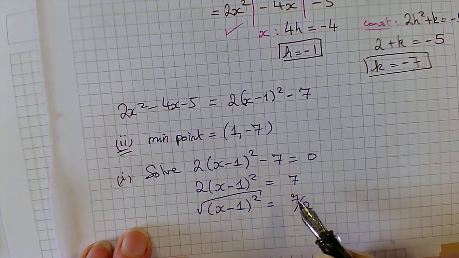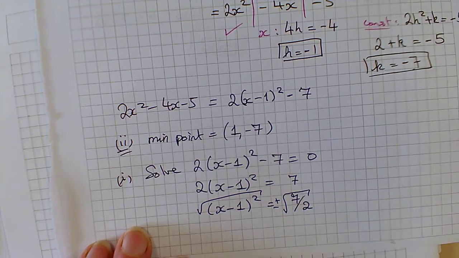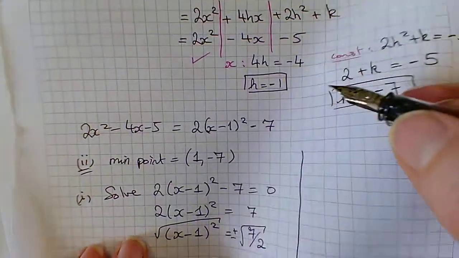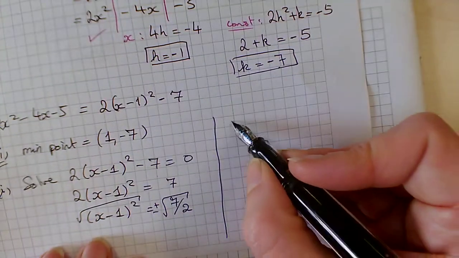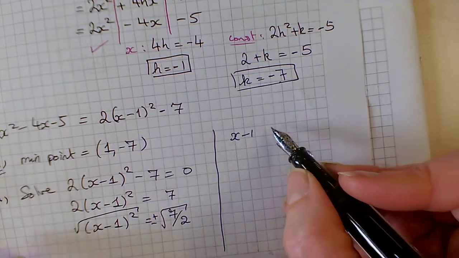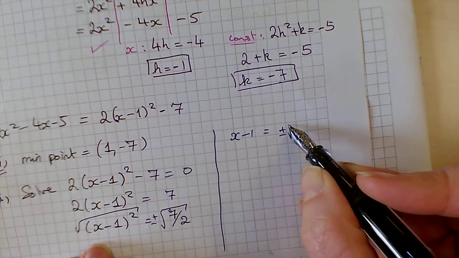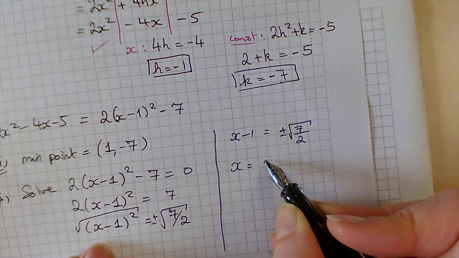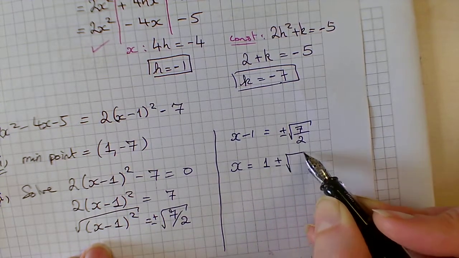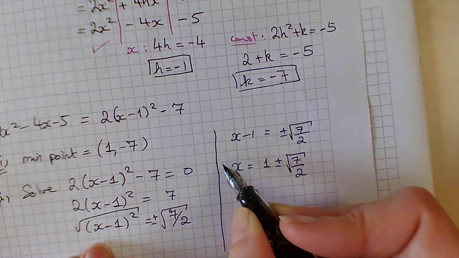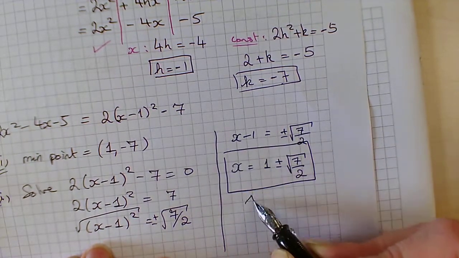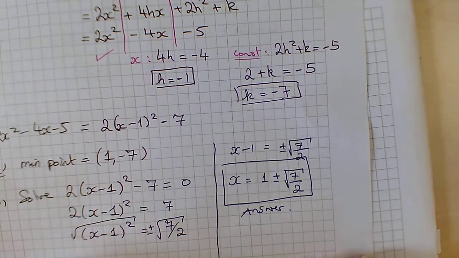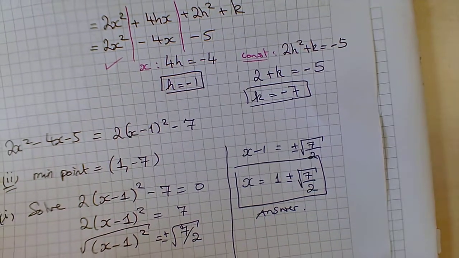And then square root both sides, but introduce a plus or minus. So let me finish it over here. X minus 1 is equal to plus or minus the square root of 7 over 2. So x is equal to 1 plus or minus root 7 over 2. And it's fine to leave your answer like that. And my 2 answers are included there. Unless I'm asked to give it to 2 decimal places or something, I don't have to fill it into the calculator. I can just leave it in surd form.